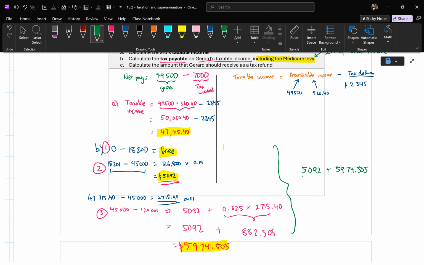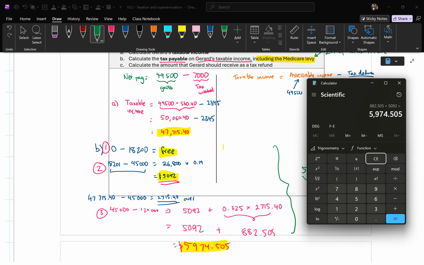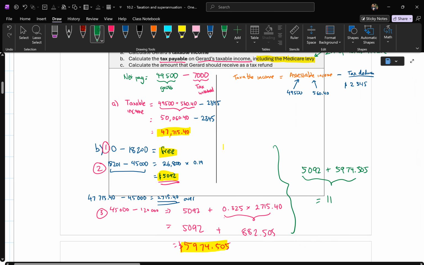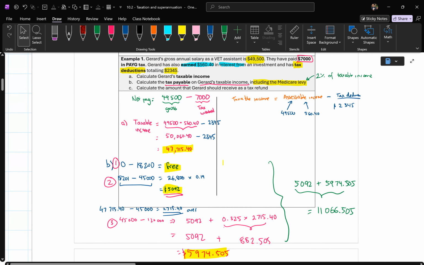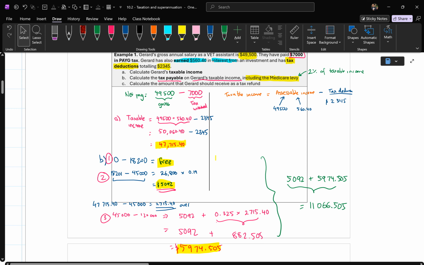Okay, so in total, tax being paid gives you $11,066. That's the tax payable. Okay? So this is how much tax the person needs to pay. And this hopefully ties everything together for you to understand.